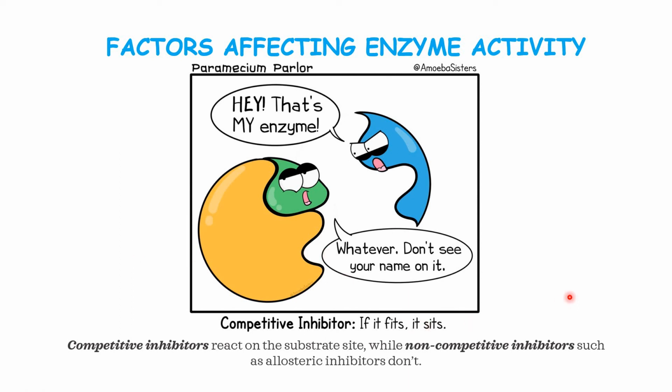So, next one. Another factor that affects enzymatic activity are what we call as competitive inhibitors. So, from the word inhibitors, ang ginagawa ng mga inhibitors is they are going to stop a particular reaction or a particular action.